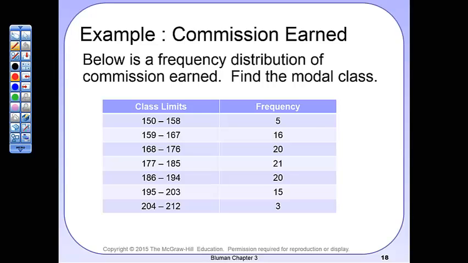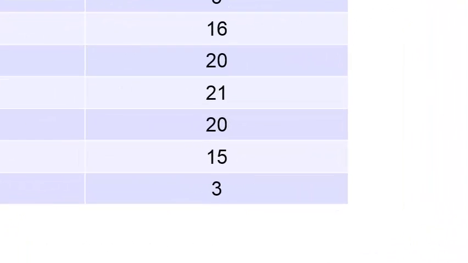Go back to the commission earned frequency distribution, and we want to find the modal class. The modal class is the class that has the highest frequency. So in this case, we look down the side with the frequency, and we see here's our highest frequency.